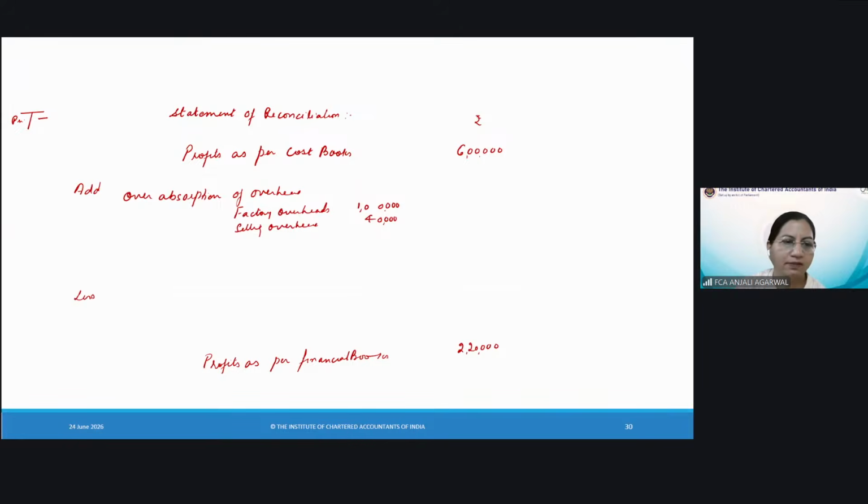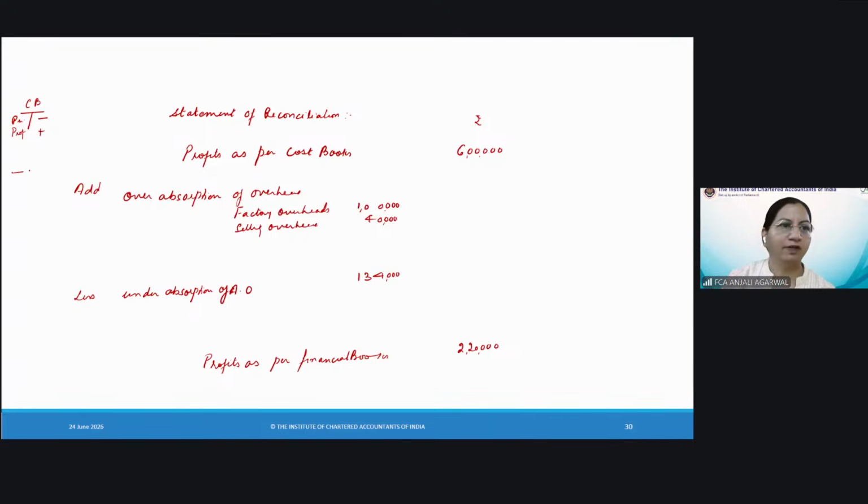Less under absorption of overheads, administration overheads, 1,34,000. Why? Because under absorption means expense have been booked less, so profit has increased in cost books.